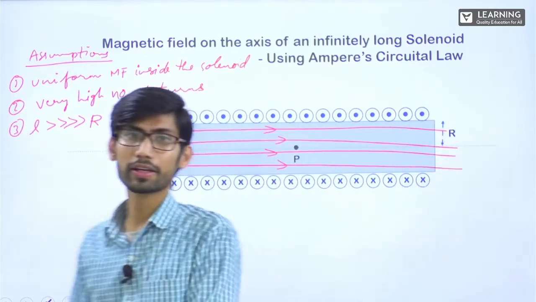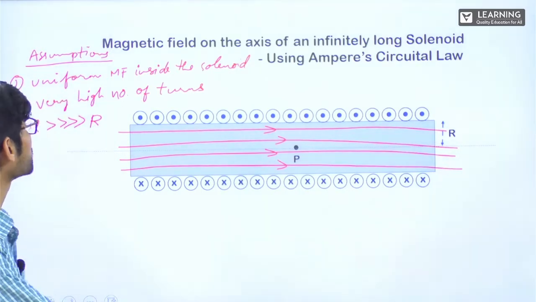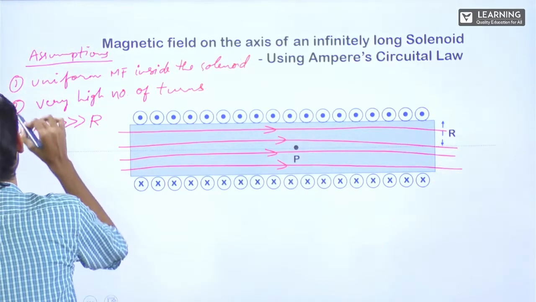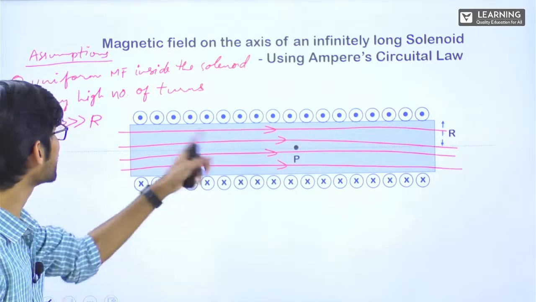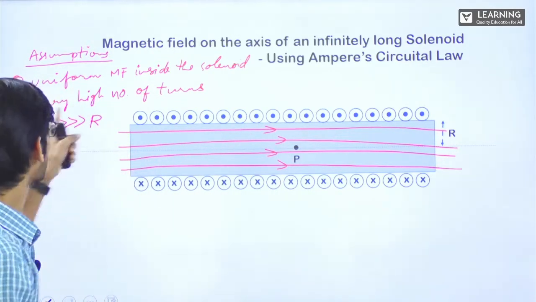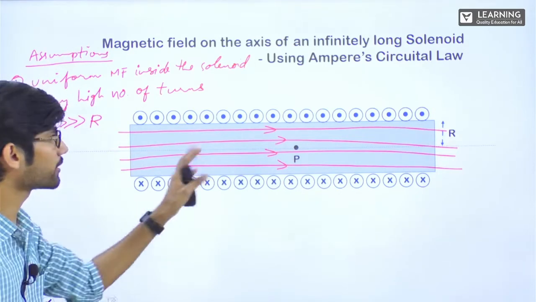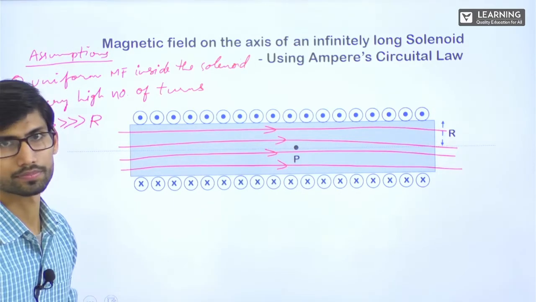L is very much greater than R. These are the assumptions you have to keep in mind while doing this: the magnetic field is uniform inside, a very high number of turns, and L is very much greater than R.